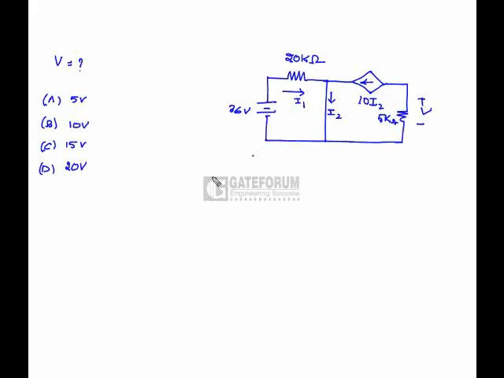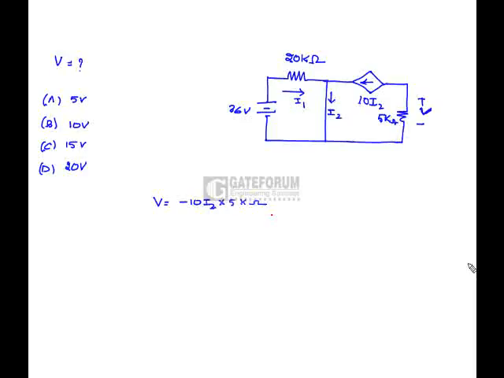We have to find the value of the voltage V across the 5 kilo ohm resistor. Here, V is nothing but minus 10 I2 into 5 kilo ohms. So if we know I2, then we are going to know the value of the voltage across the 5 kilo ohm resistor.